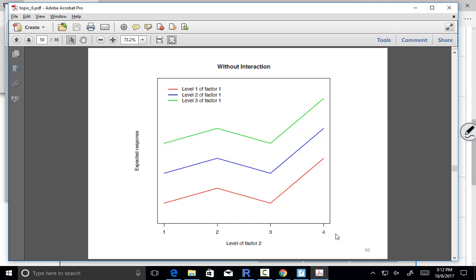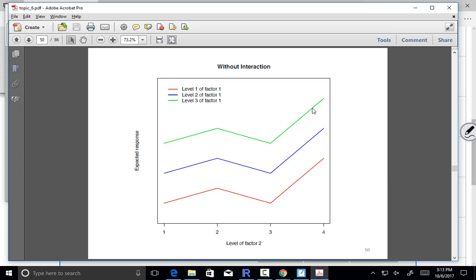One thing to notice about this picture is that the line segments are parallel with each other. The green line segments are parallel with the blue, which are parallel with the red. An implication of that is that the effect of going from, say, level 3 to level 4 in factor 2, whether on the red curve or the blue curve or the green curve, the effect is the same regardless of the level of factor 1.